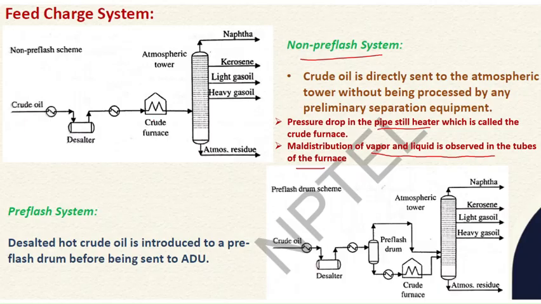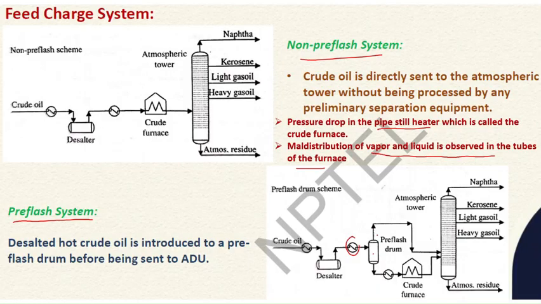Obviously heating of crude oil takes place here, so some amount of the crude is liquid and some vapor is also there, but there is no proper distribution of vapor and liquid, which creates problems when it is introduced into the distillation column. To tackle these problems, other systems were introduced, one among them being the pre-flash system, in which crude oil after desalting and heat exchanging is introduced into a pre-flash drum.